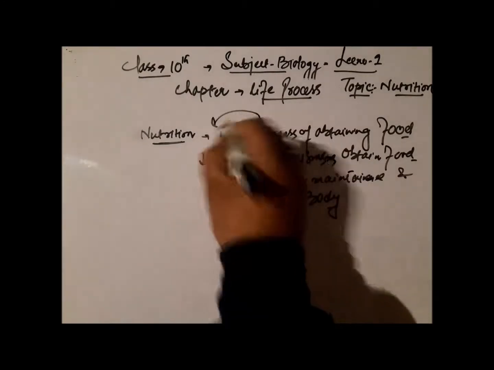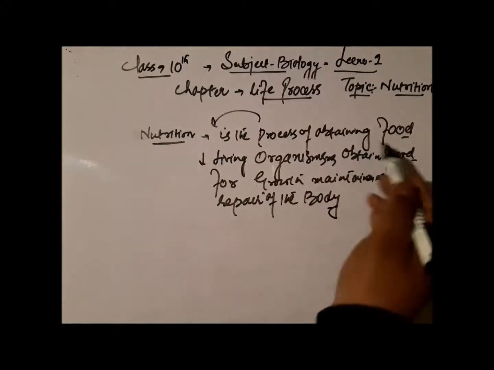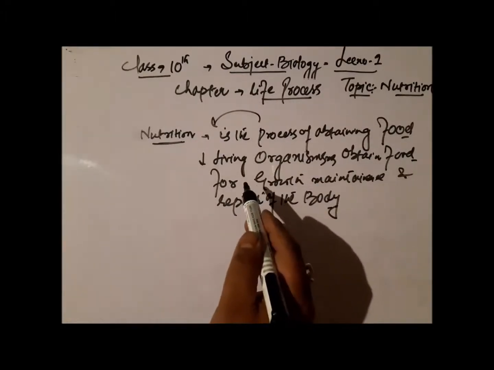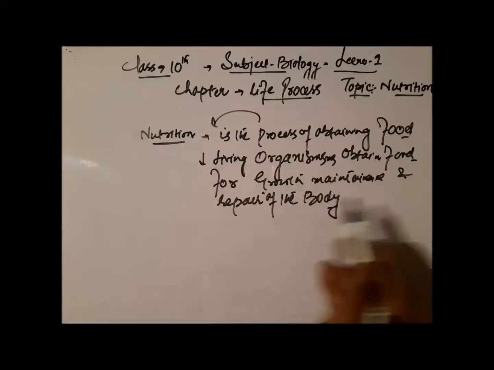Well, this is the definition of nutrition. So we can define nutrition as the process of obtaining food by living organisms for growth, maintenance, and repair of the body.